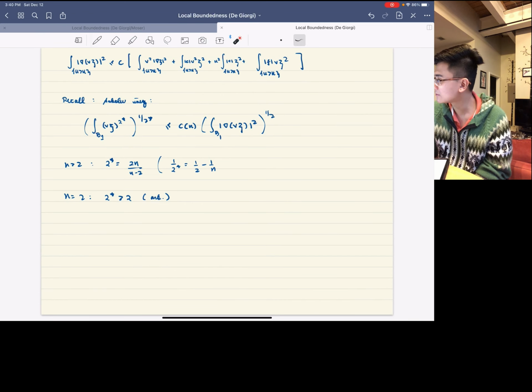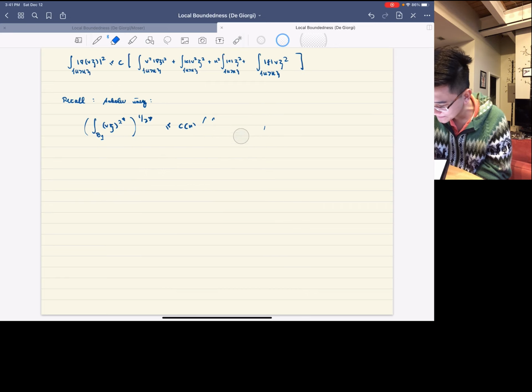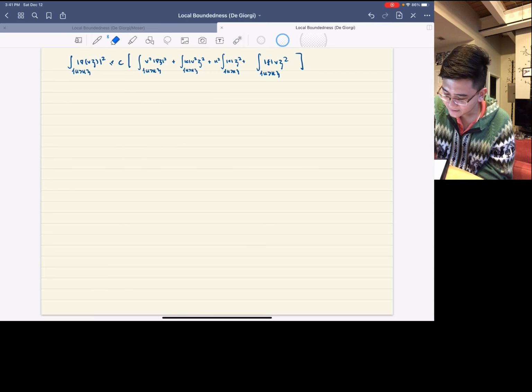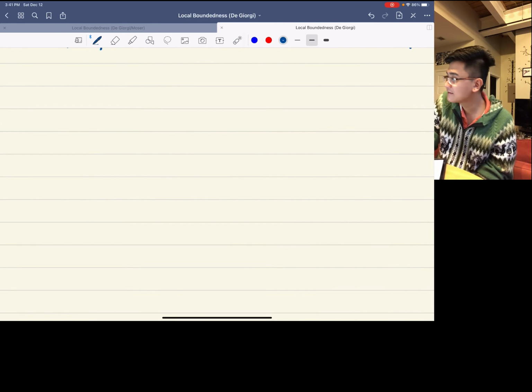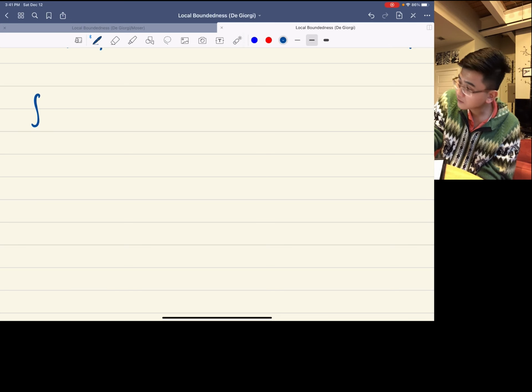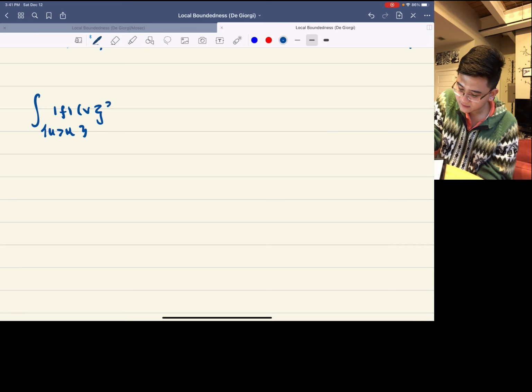Let's erase some stuff so that we have space. Okay, so the term is the integral over u bigger than k of the absolute value of f v zeta squared.